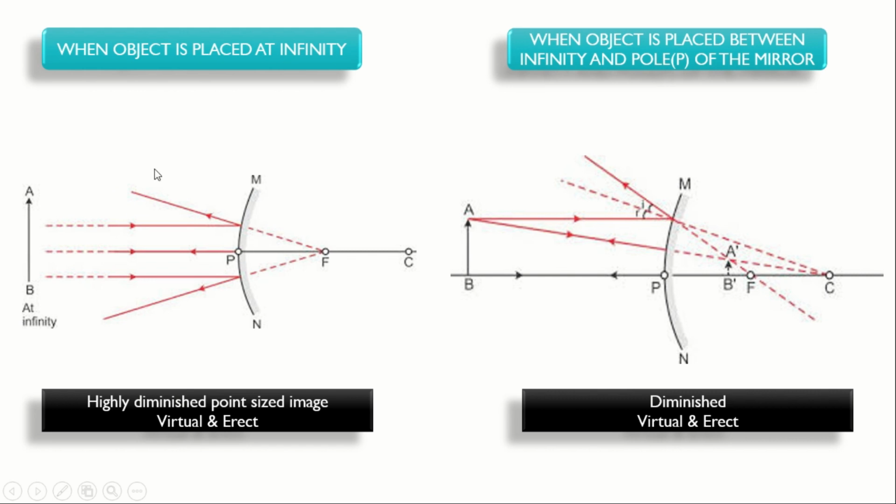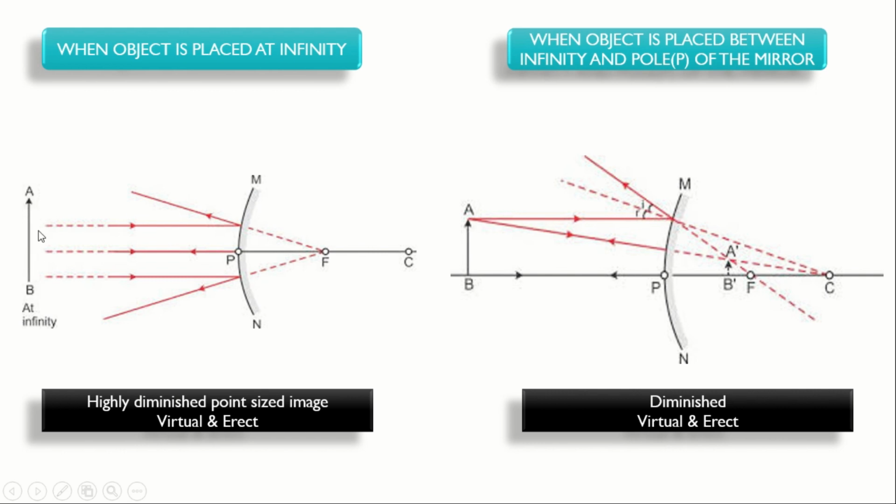The reflected ray appears to be coming from a certain point, that is the principal focus. So the image formation will happen exactly at the principal focus itself. The image is highly diminished, meaning a very small, point sized image will be formed, and it is virtual and erect. Erect means a straight image. So this is the case when the object is at infinity.